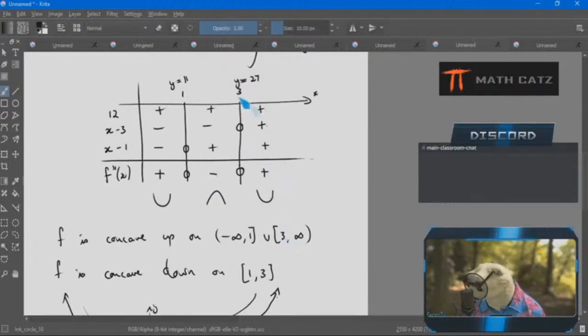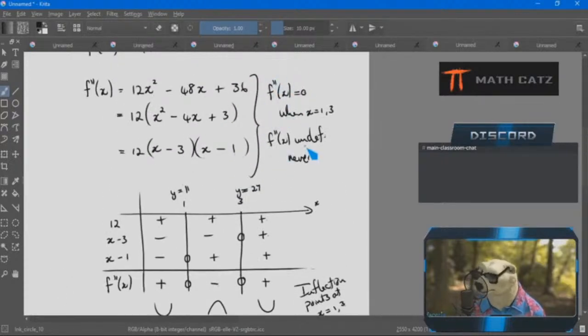So in this case, both of these guys are inflection points because they satisfy the 3 conditions. X equal to 1, x equal to 3. They come out of my check of my second derivative. There are points. The bend changes as well.